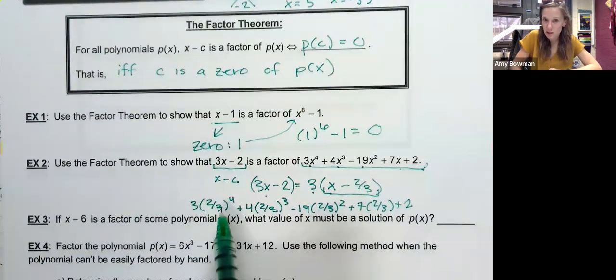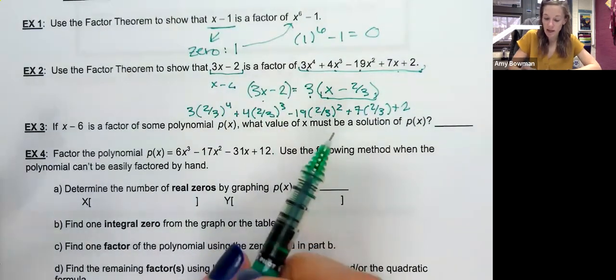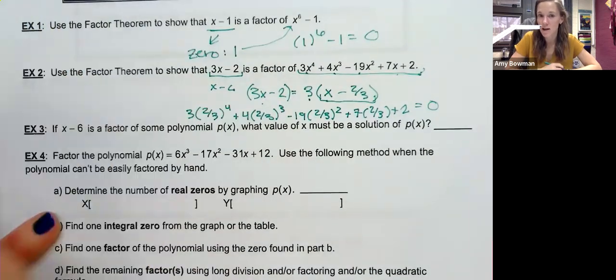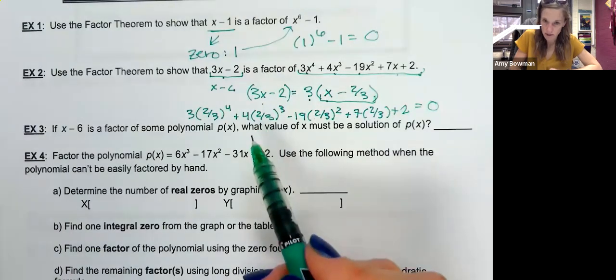If we evaluated this in our calculator, which I'm not going to do right now because I'm short on time, I would get 0. And that verifies that 3x minus 2 is a factor.